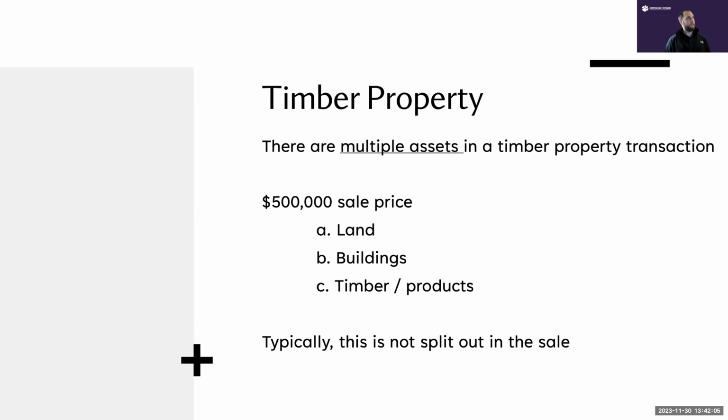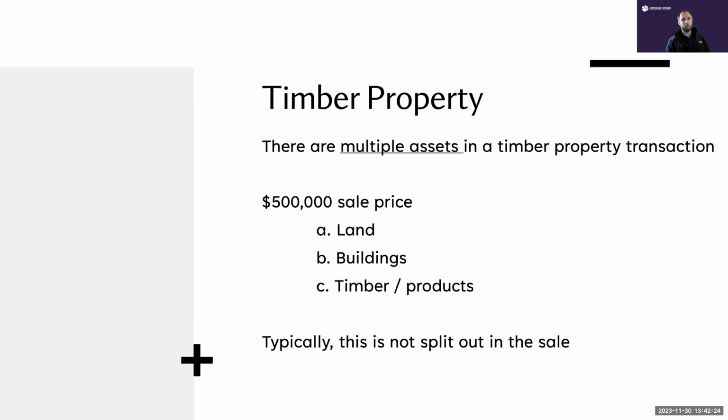And let's say in a given scenario, you bought something for $500,000 as the sale price. And we've got several assets that are a part of that. We would have the land, we would have buildings, and we would have timber on that property.